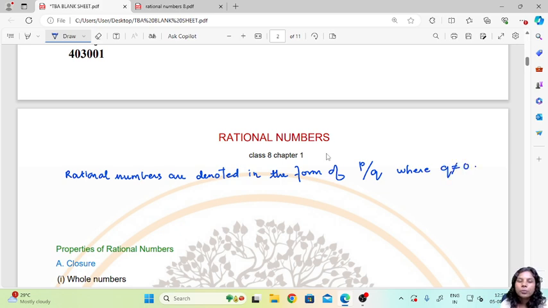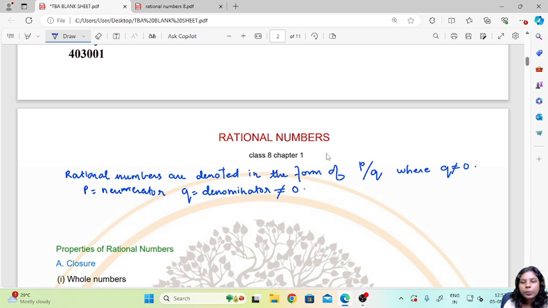Rational numbers are any fractions that are denoted in the form of P by Q, where Q should not be 0. P is the numerator and Q is the denominator, which cannot be equal to 0. So these are known as the rational numbers.